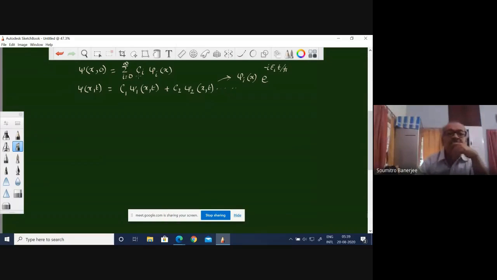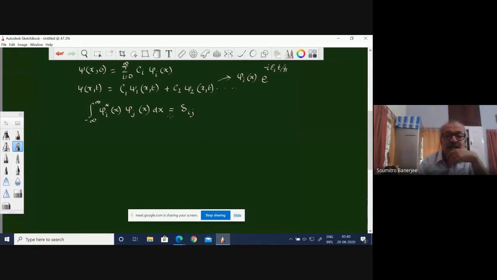And what is the relationship between these? These are related by the integral from minus infinity to infinity of psi_i star(x) psi_j(x) dx, and if you have this, then this is equal to the delta function, delta_ij.